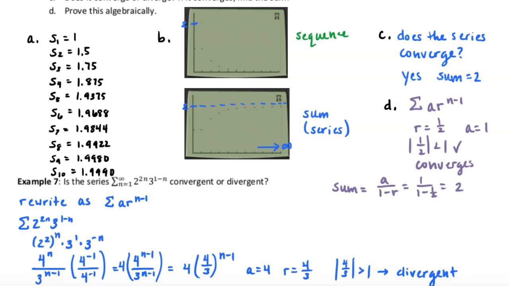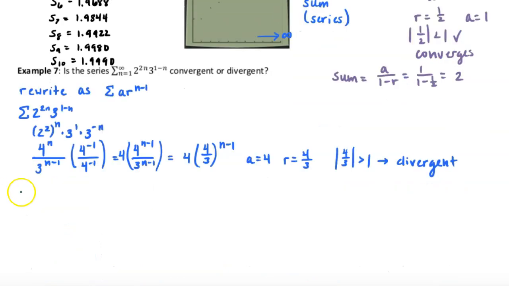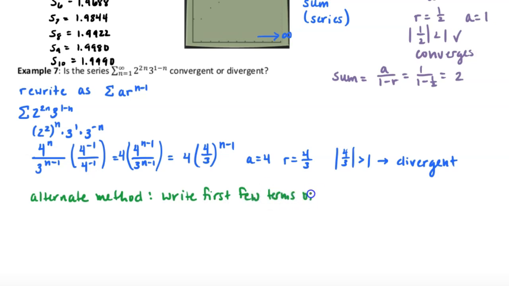And there is one other way that I can do this. If I can't quite figure out the algebra, there is an alternate method, and that is just to write the first few terms of the series.